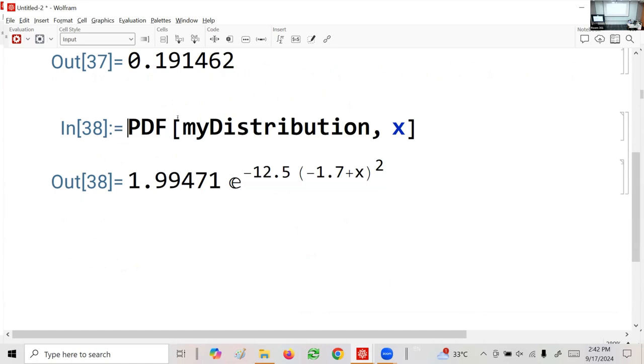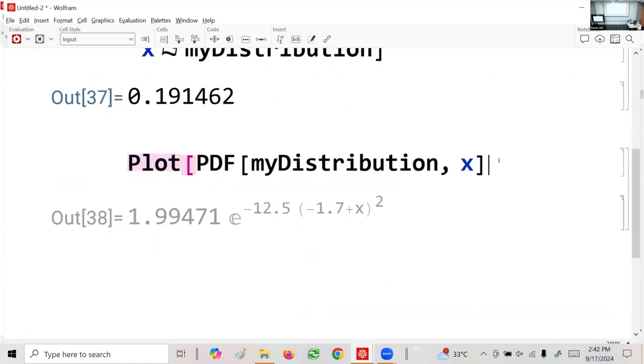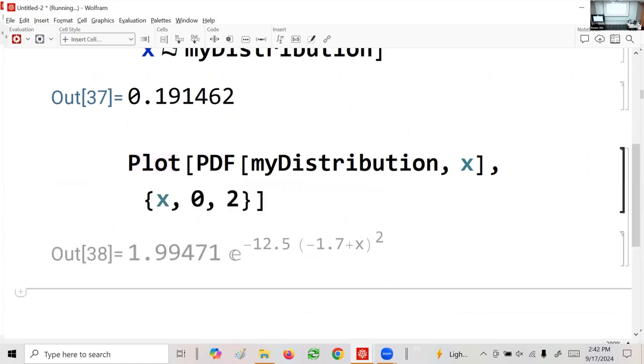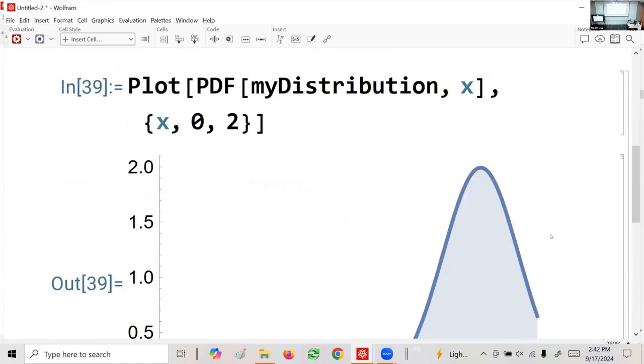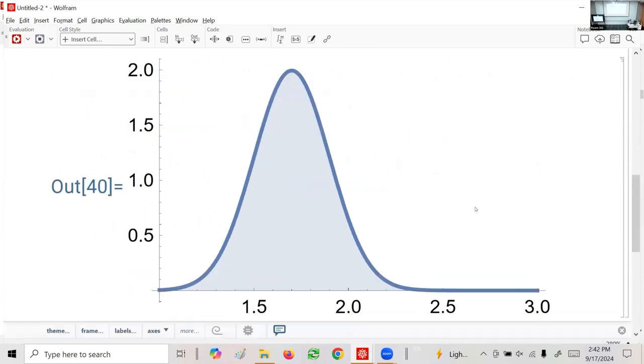If you don't believe me, we can plot it, X between 0 and 2. See? Okay, how about 1 to 3? That's the distribution of height, right?